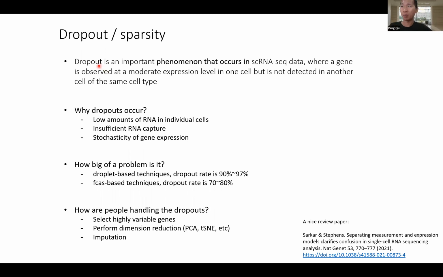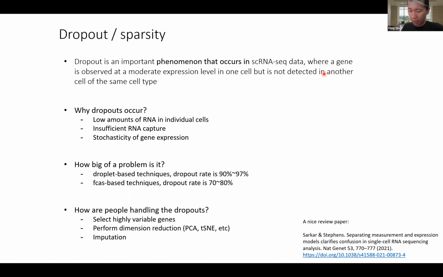So according to that paper and a couple of others, dropout refers to a phenomenon that occurs in single-cell RNA-seq where a gene is observed at a moderate level in one cell, but this gene is not detected in another cell of the same cell type.